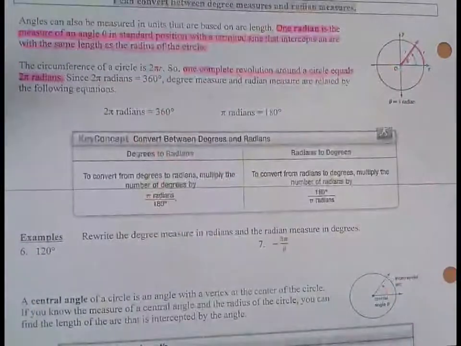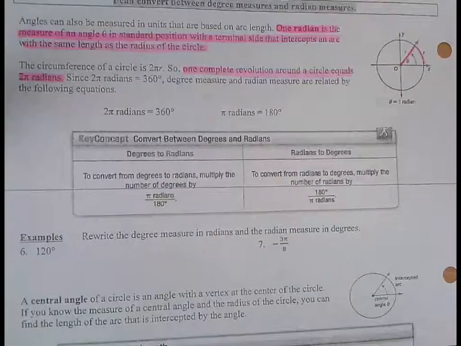Okay, so 1 complete revolution in degrees is 360. 1 complete revolution in radian measure is 2 pi. So when you see angles given in terms of pi, it's usually a radian.